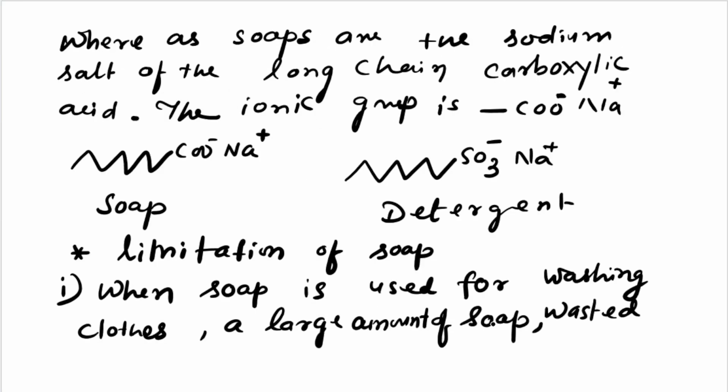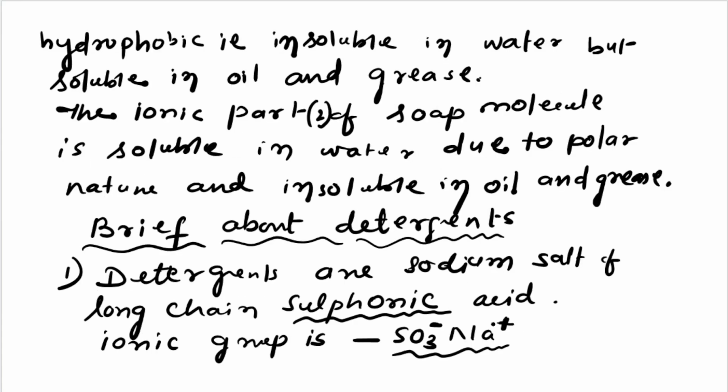Whereas soaps are sodium salts of long chain carboxylic acid, the ionic group is this one. Brief about detergent, especially you can remember the part is SO3 minus Na plus, and at the other side is the hydrocarbon part.